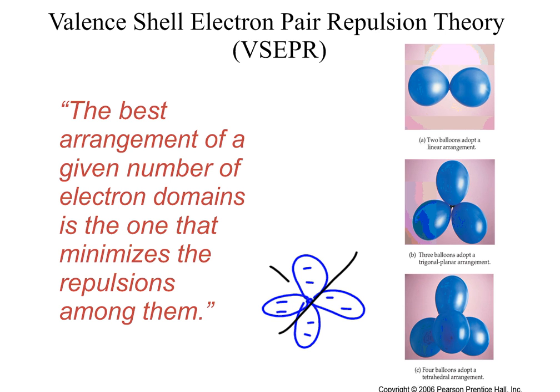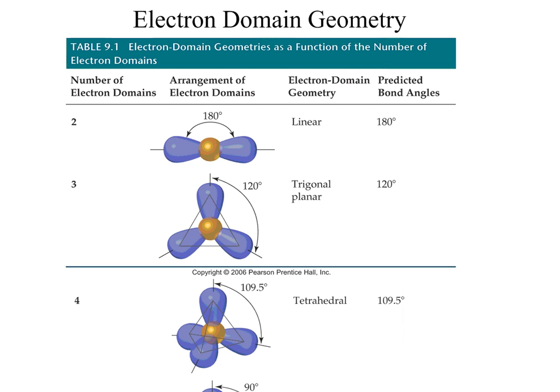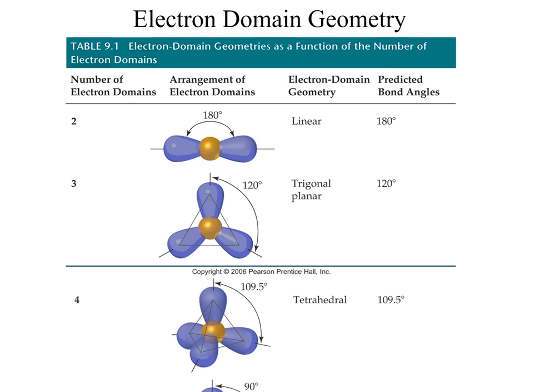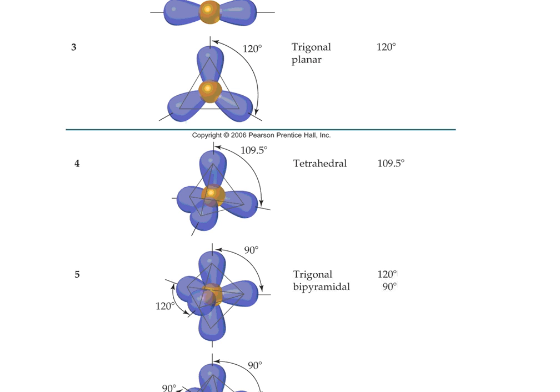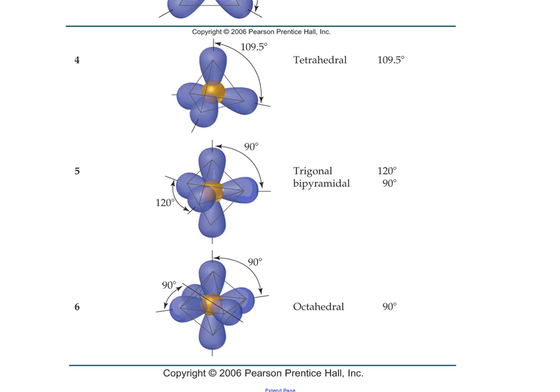We're going to have a tetrahedral shape. So here again are the 2, 3, and 4 electron domains, showing how they would orient themselves in space. If we continue on, we have 5, that trigonal bipyramidal shape that we showed at the beginning, and 6, the octahedral shape, again, that we saw at the beginning. And again, keeping in mind the bond angles that would exist here.